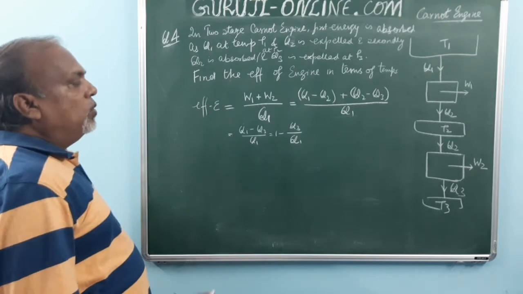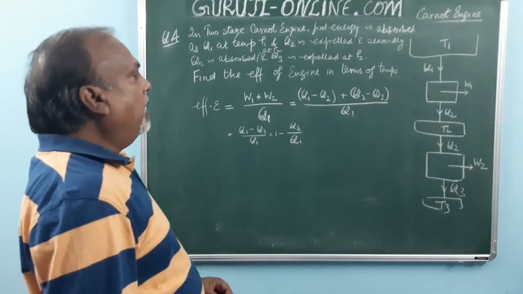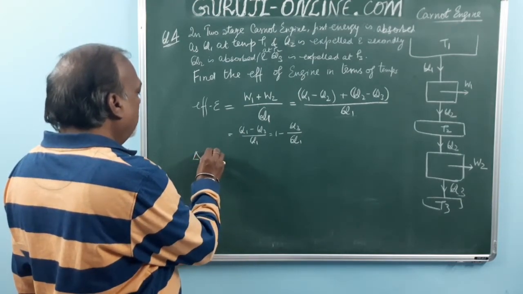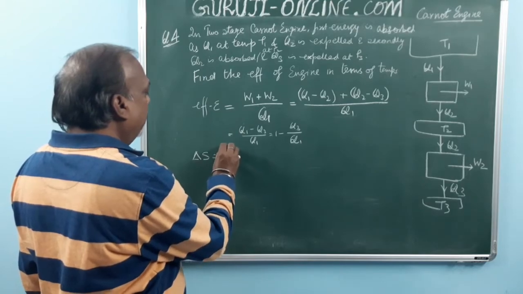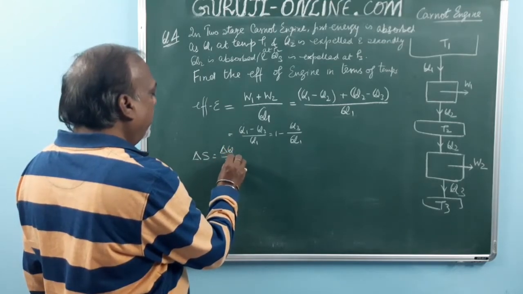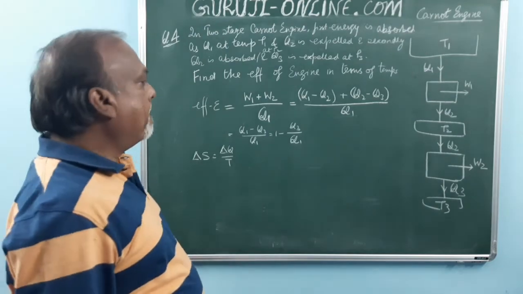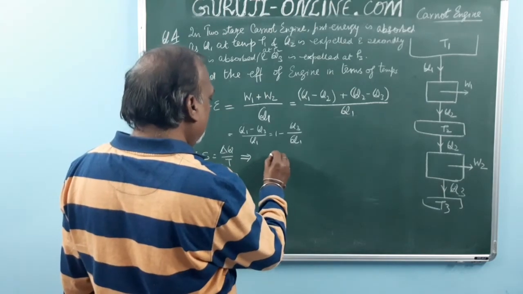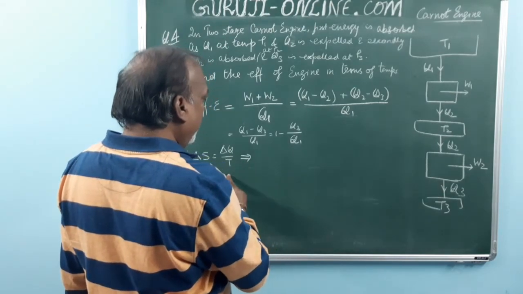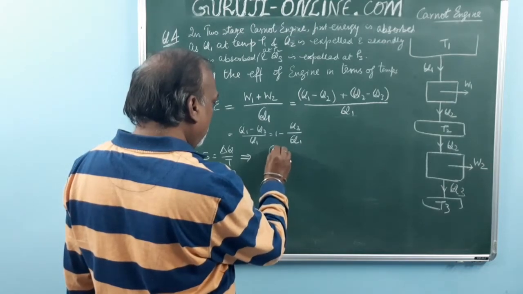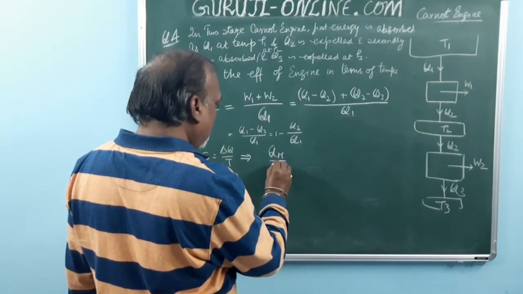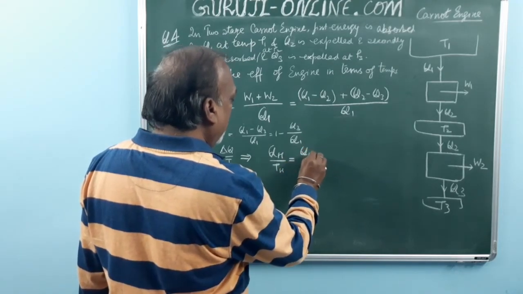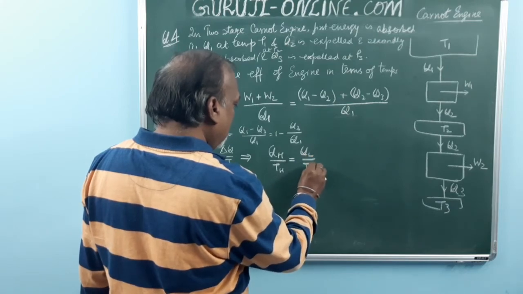So let us go back to our entropy session where we had found out that entropy is nothing but delta Q upon T. And in this we have seen that QH upon TH is equal to QL upon TL.